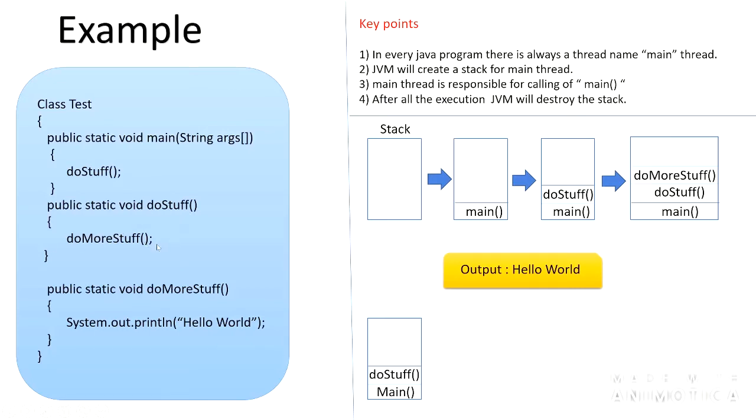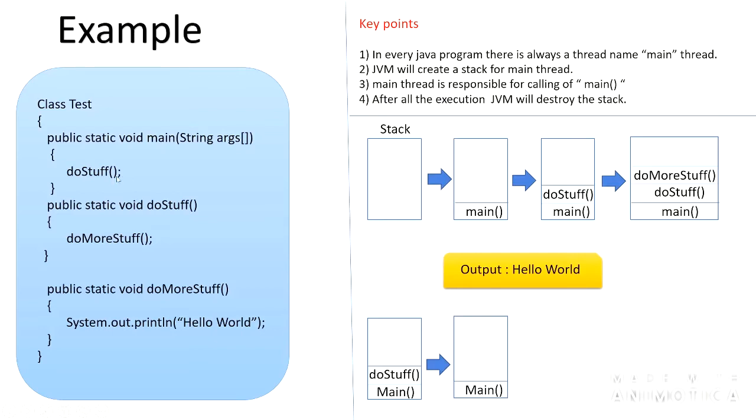As there is no statement after the doMoreStuff call, the control goes to the caller method. Here the caller method is the main method. So doStuff's corresponding entry will be removed, as its execution has been completed, and the control goes to the main method. In the main method, doStuff execution has been completed and there are no other statements.